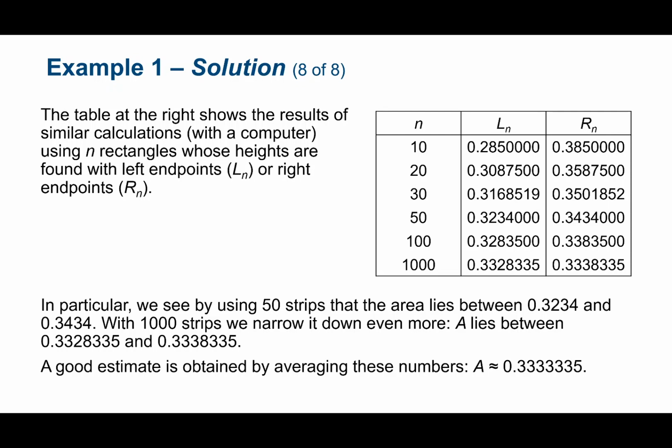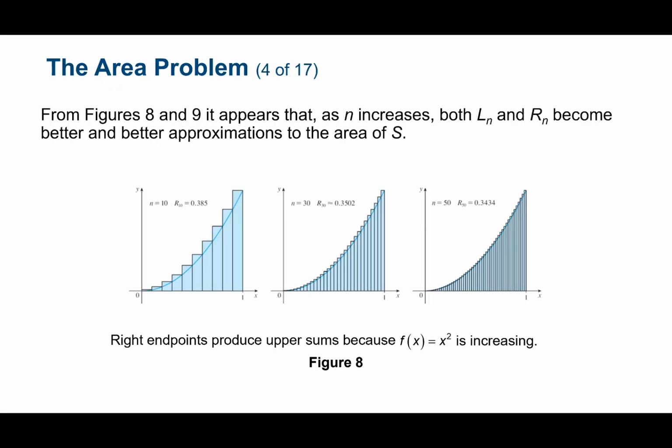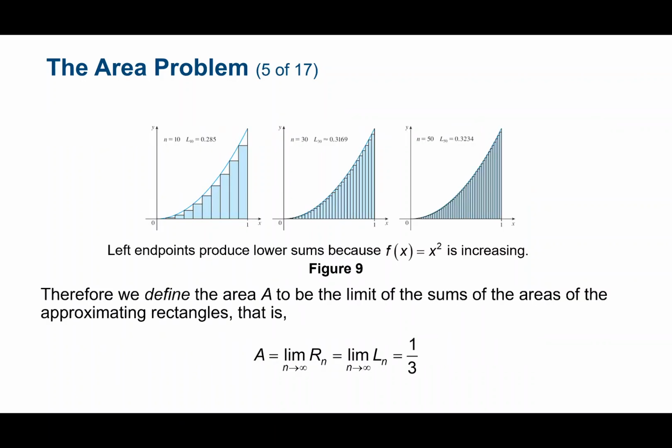Okay. So what we could say, if we keep making more and more rectangles, it gets labor intensive, just because we're having to add up so many areas of rectangles. But we've done enough, we can find the pattern.